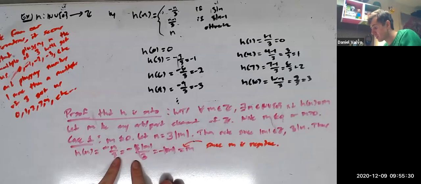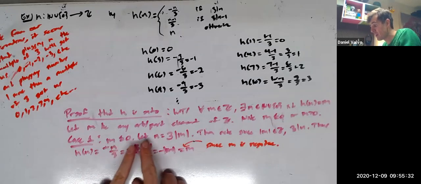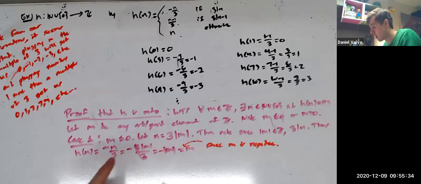So this means that for m less than or equal to 0, we could find an n. Oh, and we should note one last thing.